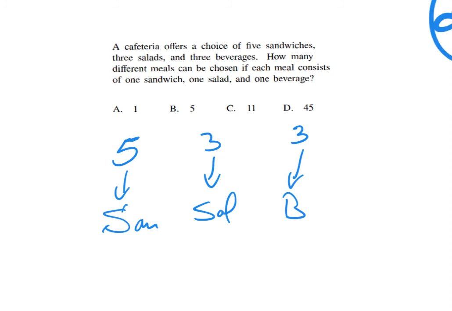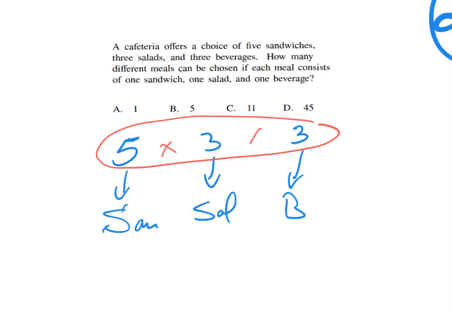When you have a question like this, asking how many different meals can be chosen from all those things combined, you're just going to multiply all those numbers: 5 times 3 times 3, you're going to get 45. All right, that's a simple, basic counting problem. It's not really hard, and the answer is going to be 45.